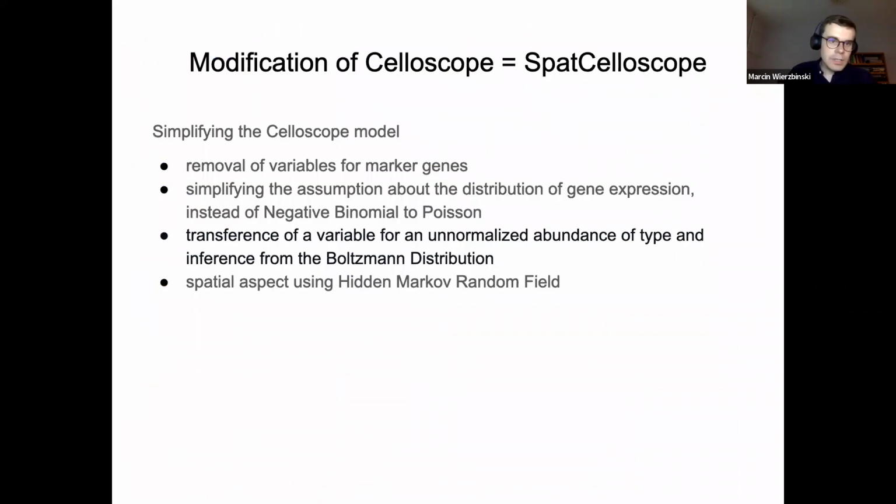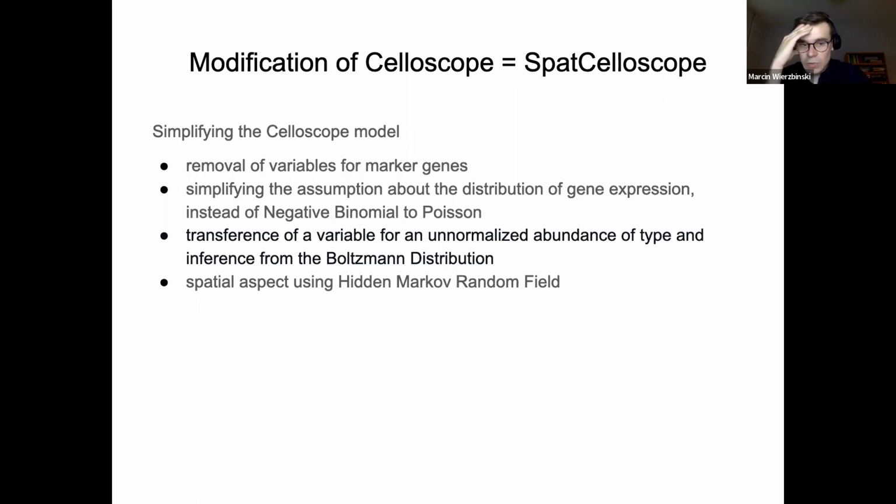Okay, so here I will propose an extension for Celloscope. The name of this modification is Spatial, because in this model I want to take into account spatial aspects, which are modeled by the Boltzmann distribution.